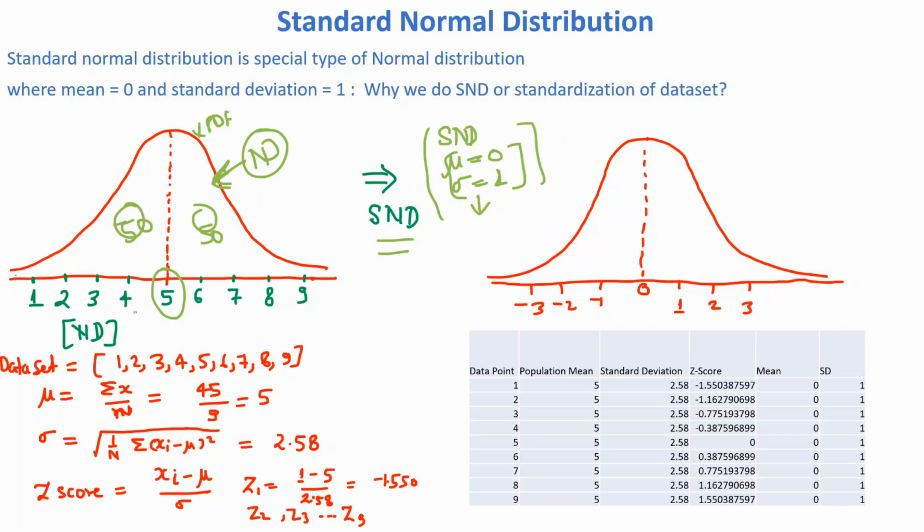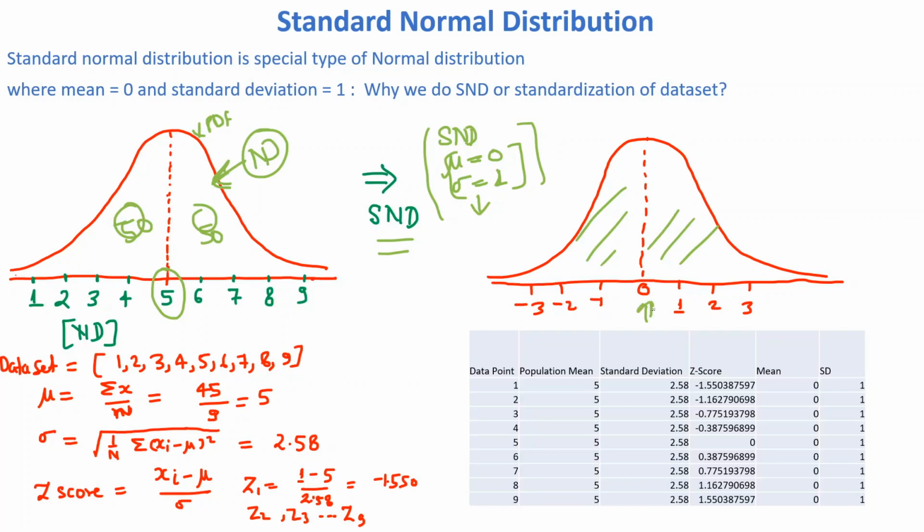You can check this example. We have this normally distributed data set and we converted it into a standard normal distribution. All things are the same. If you check this portion and this portion, each is 50%. It means it is a mirror image, and mean, median, and mode are also the same for this data set.